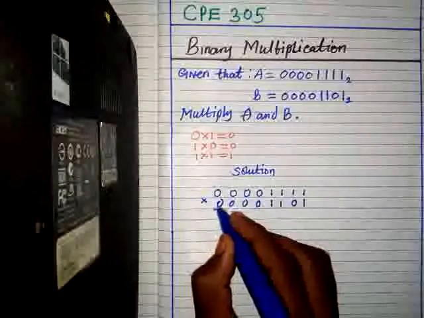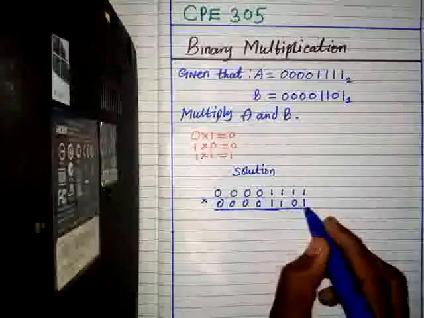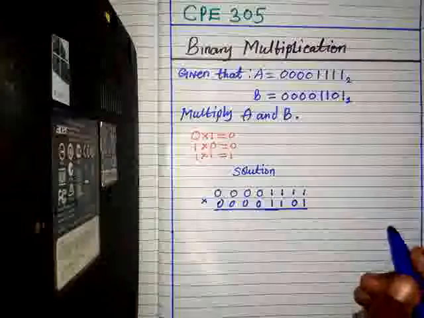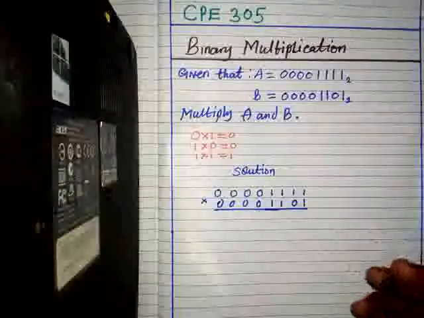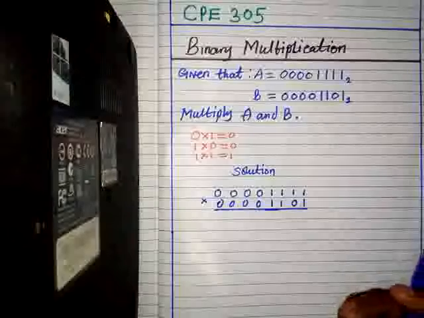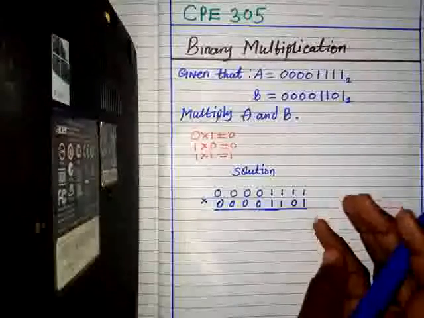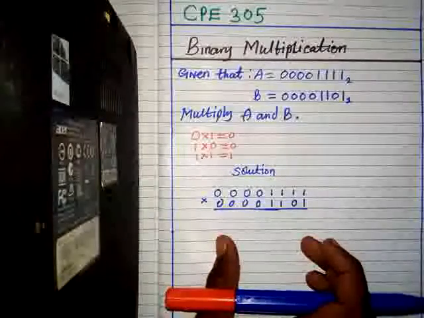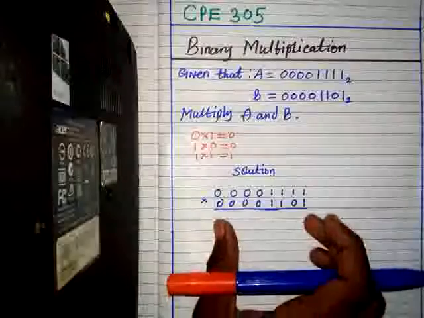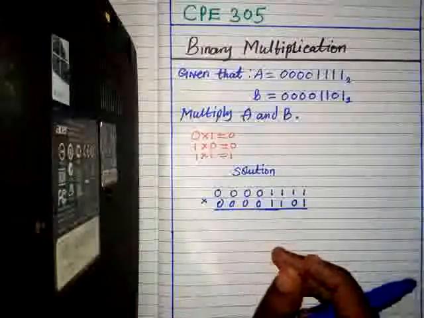Before I start, let me introduce something. It isn't new, but maybe the way people took it is different. After multiplying these two numbers, we have some values obtained here, so we use a method called partial addition to obtain the final answer.